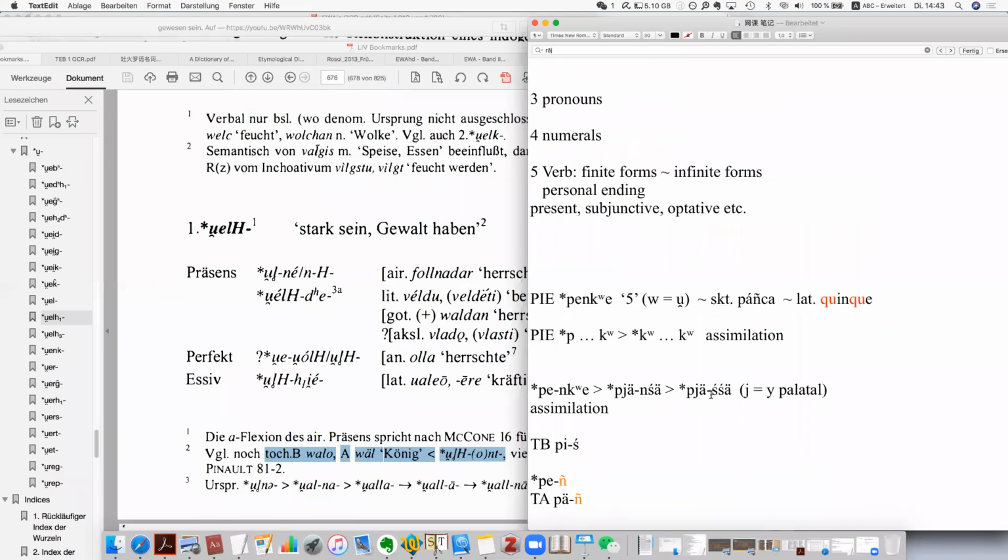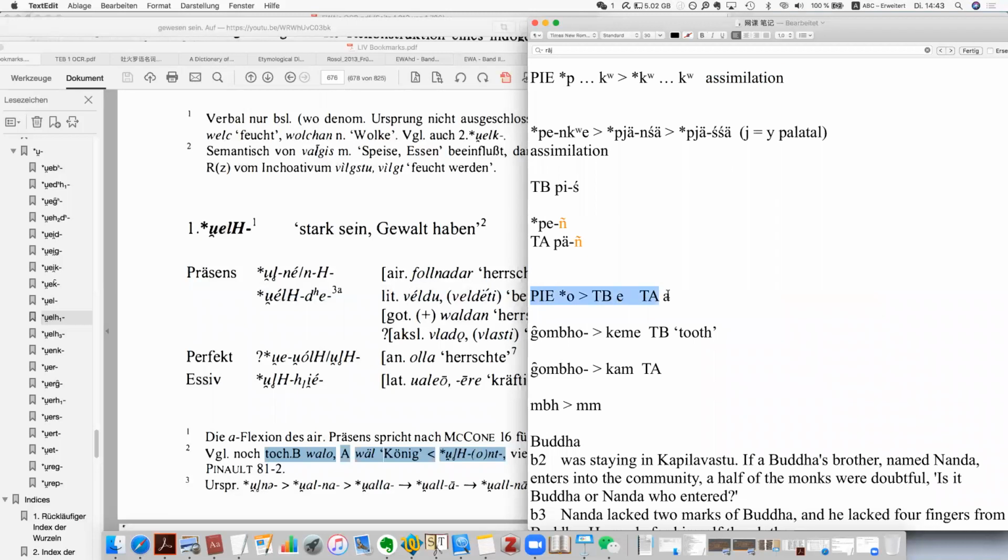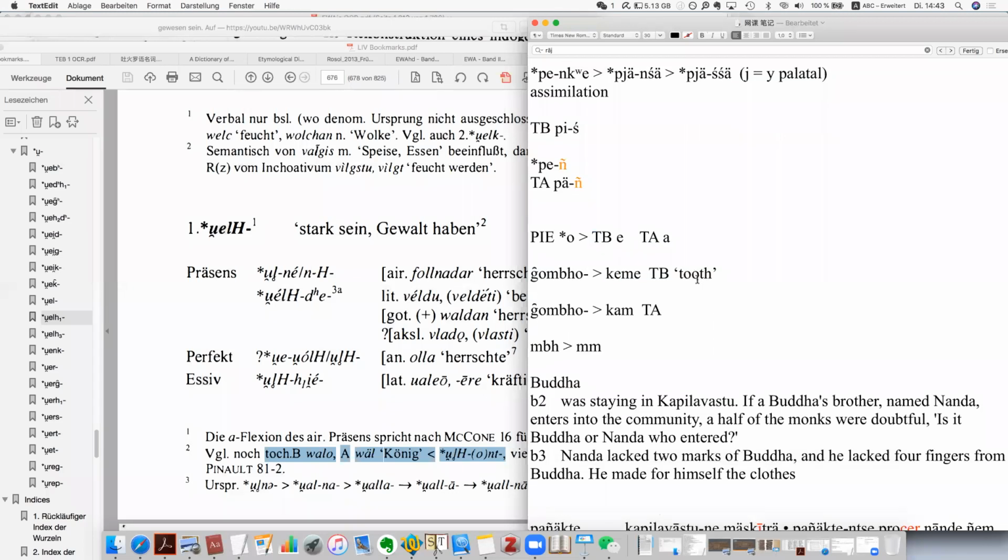Okay, and then we talked about the word for 5, and the Sanskrit word, and also the Latin word. There's a special sound change, an assimilation, per qua to qua. And then also another important sound change, namely Indo-European O turns into A in B and into R in Tocharian A. And we talked about the tooth word.